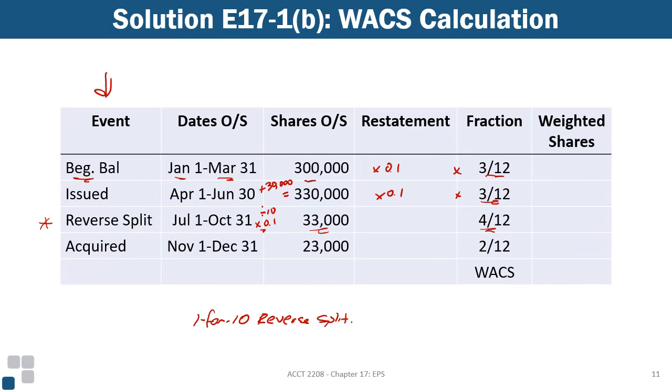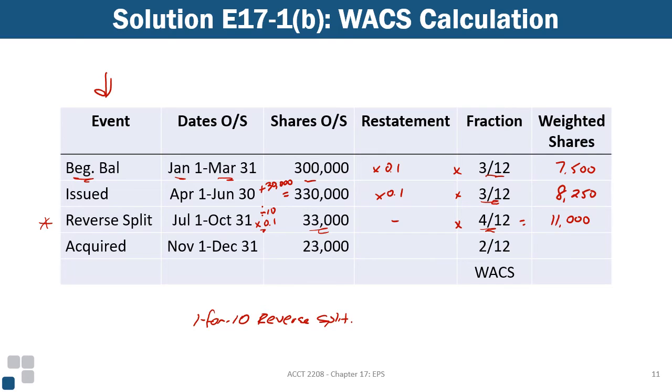So 300,000 shares times 0.1 times 3 over 12 is 7,500 shares. For the second event, 330,000 shares times 0.1 times 3 over 12 is 8,250 shares. Then, of course, the reverse split, there is no restatement, times 4 over 12 is 11,000 shares.